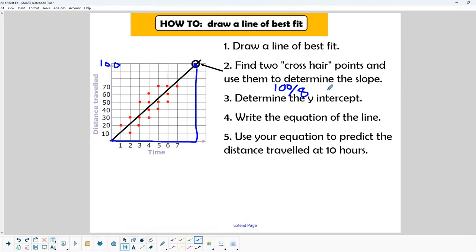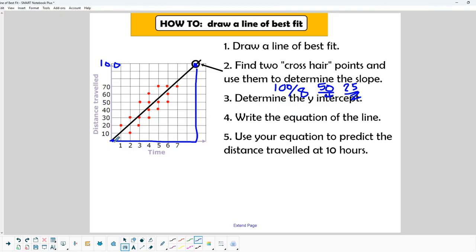So 100 over 8, which is 50 over 4, or 25 over 2. So it comes out to be about 12.5 for 1, right?